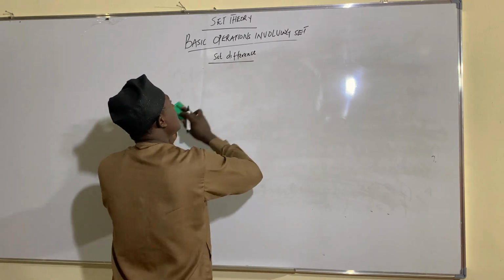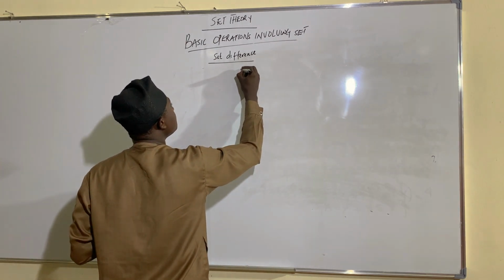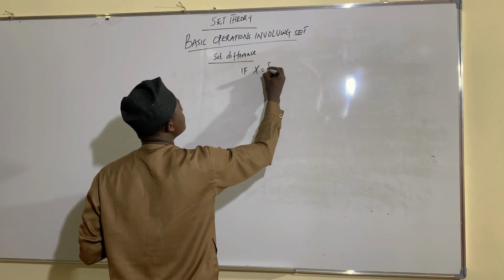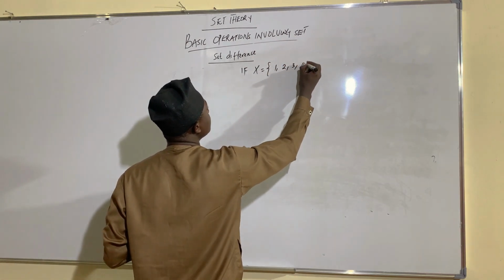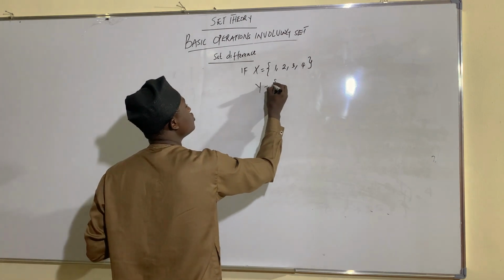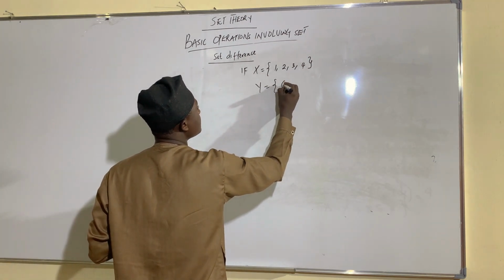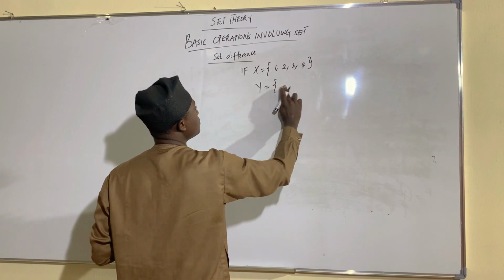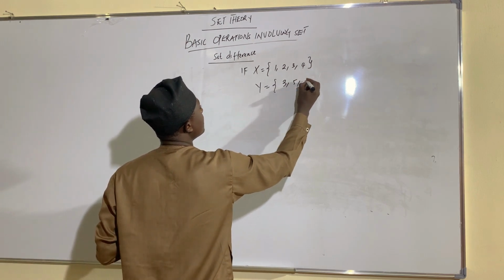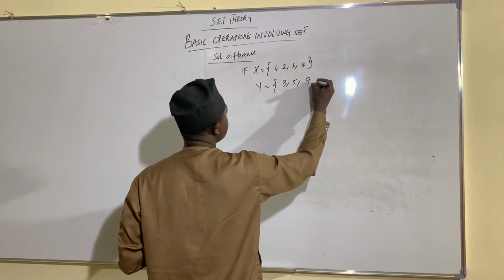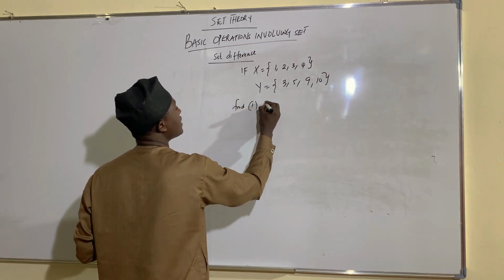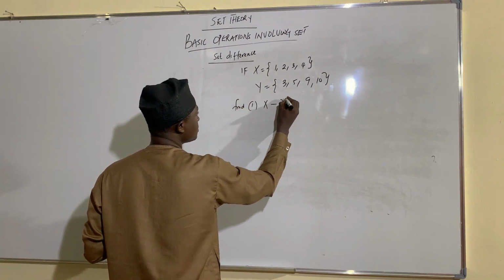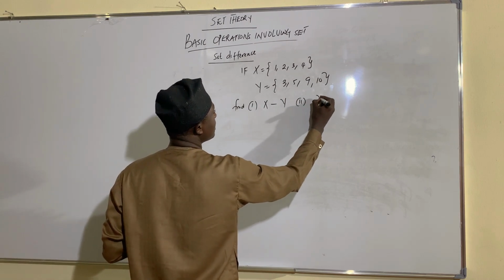Now let's bring an example of that. Let's say x is equal to 1, 2, 3, 4, and let's say y is, to make it better, 3, 5, 9, 10. They now say find Roman figure 1, x minus y, and Roman figure 2, y minus x.